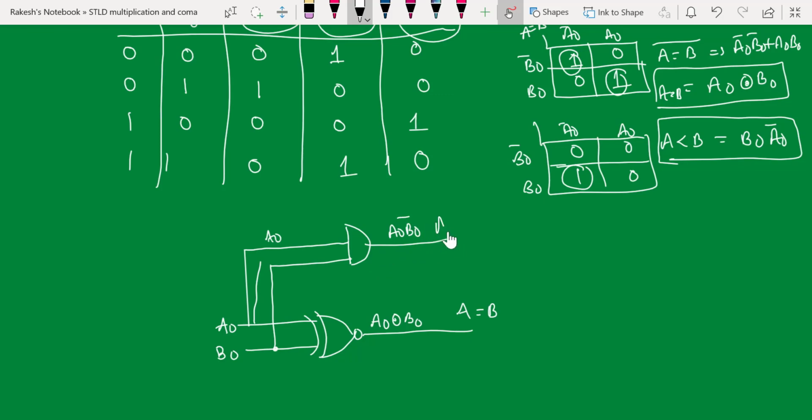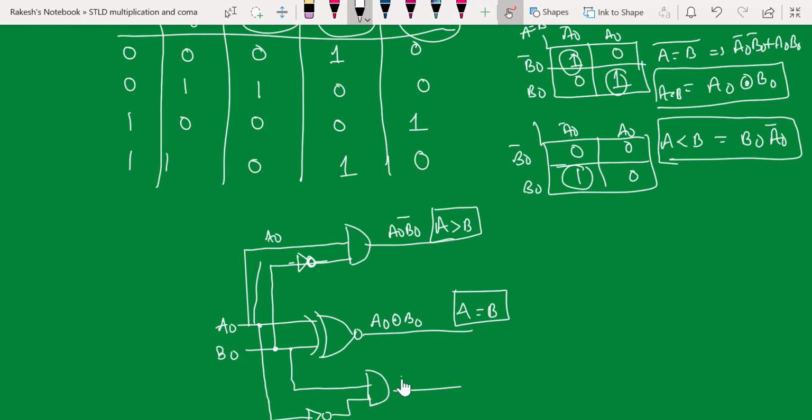This is nothing but A greater than B. Now I'm going to take one more circuit with the AND gate here. Here I'm going to take B0 times... I'm supposed to make a NOT gate here, I'm sorry. Similarly, you're going to have output as B0 times A0 bar. This is nothing but A less than B.